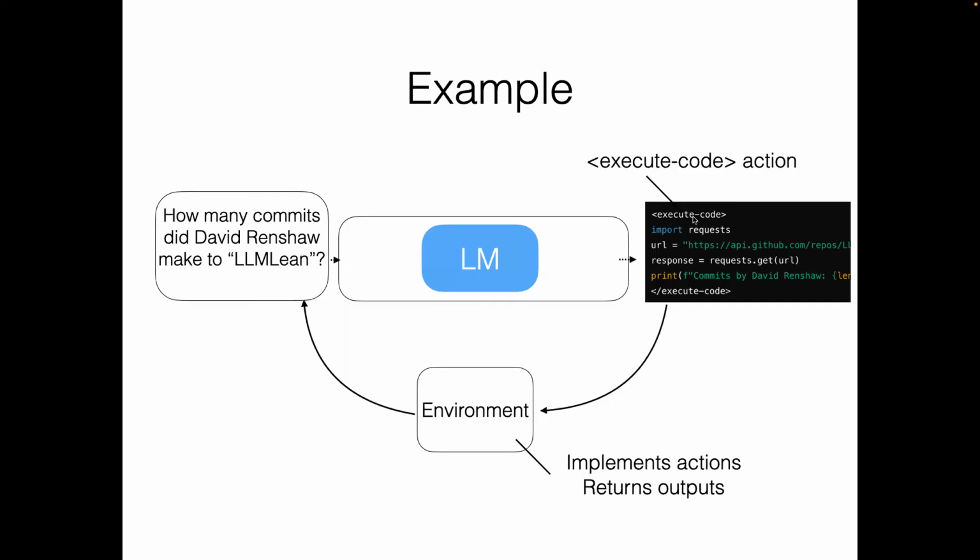What it could do is execute some code which goes to this URL, gets the response, parses it, and prints the answer. Of course, outside of the agent, you actually have to have something which is executing this code. That's the point.